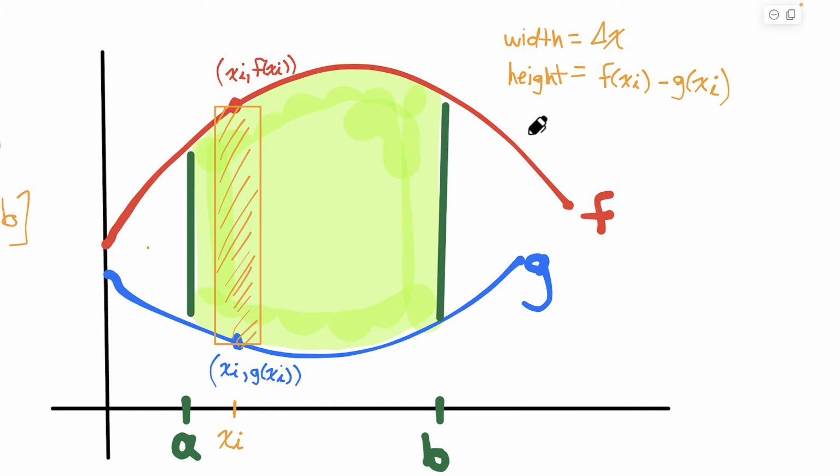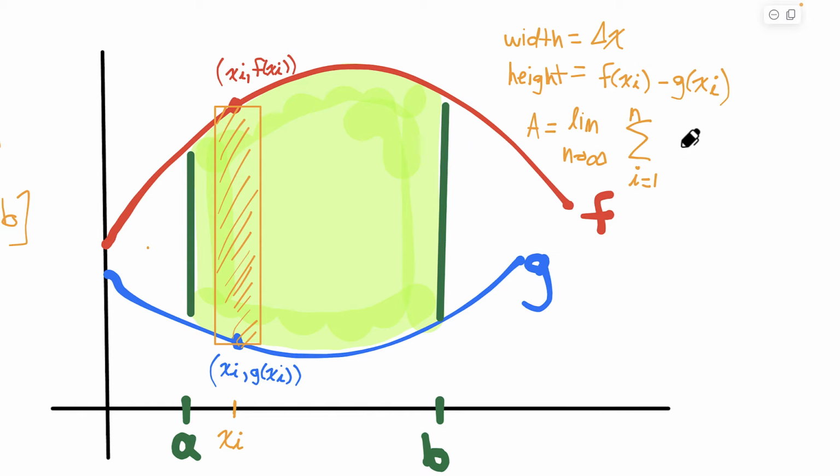And then to find the area, we would just find the limit as the number of rectangles under this curve approaches infinity of the sum of the areas of all these rectangles from rectangle 1 up to rectangle infinity.